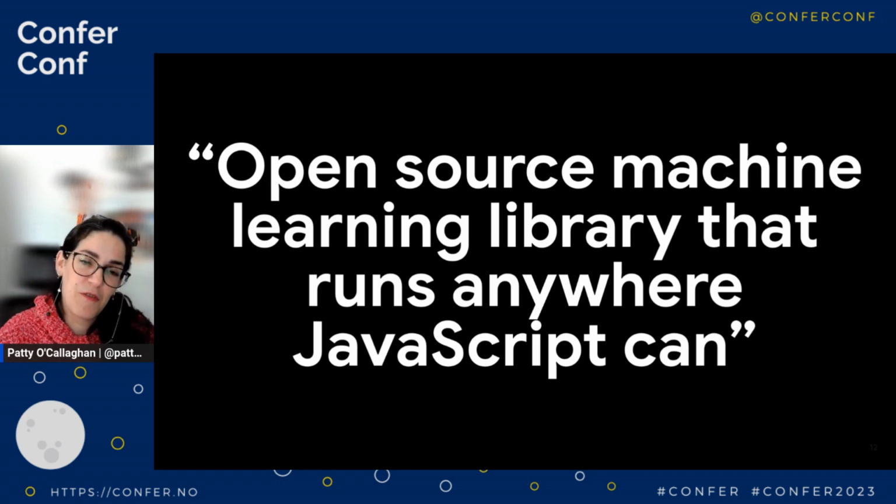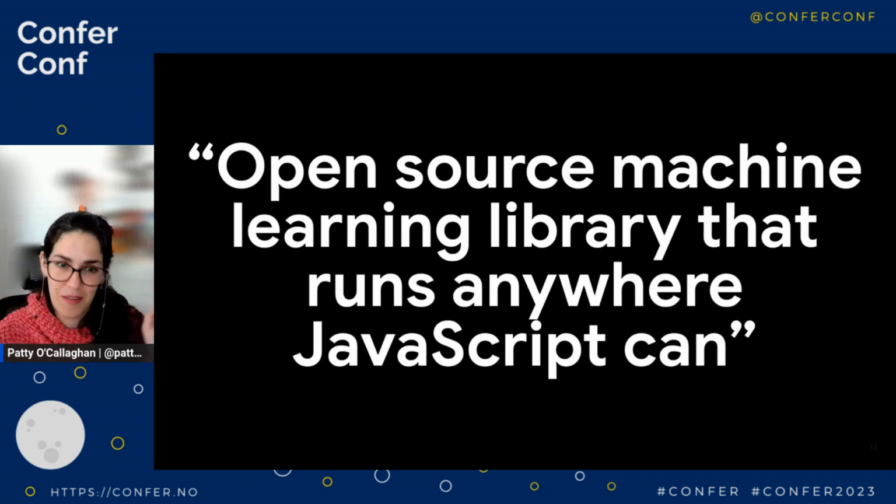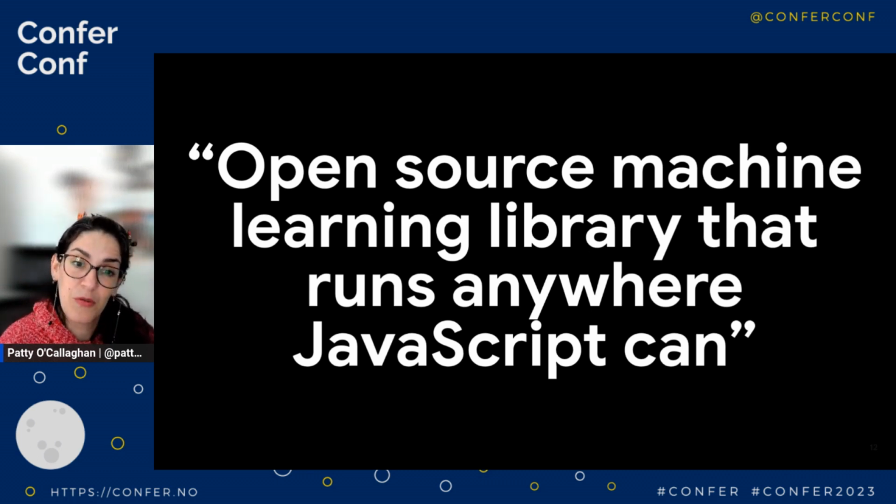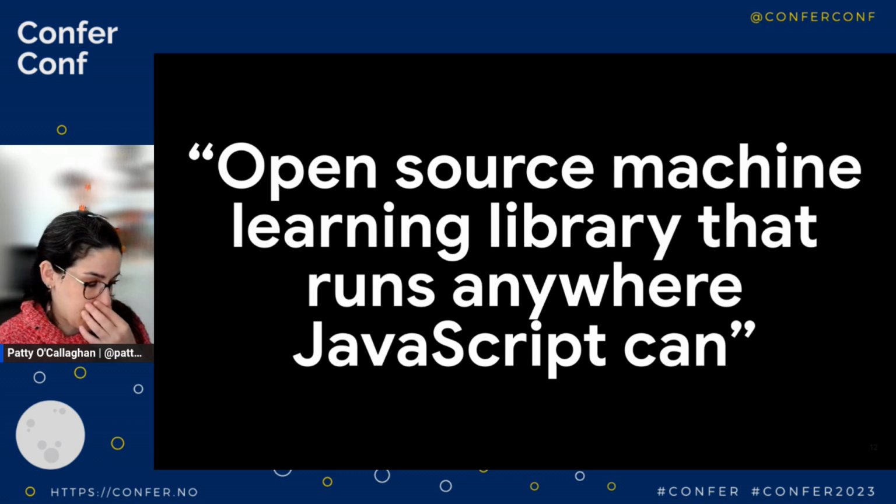Whether you know about web development or not, you can use JavaScript in many different places: on the client side, on the server side, and on many different kinds of devices. So that is actually an amazing benefit, being able to use machine learning with JavaScript.